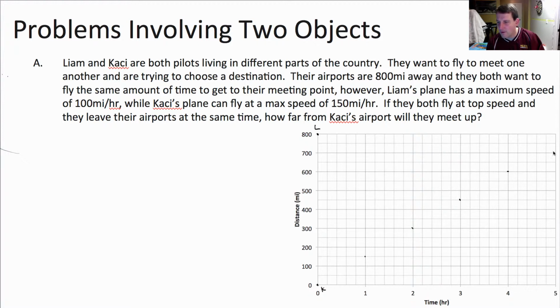Over an hour, up to 750. There's a little bit more time to make it to 800. Now Liam's airplane, so let me do Casey's in red. Draw a line for hers. So this is her velocity line as she moves towards Liam's airport.